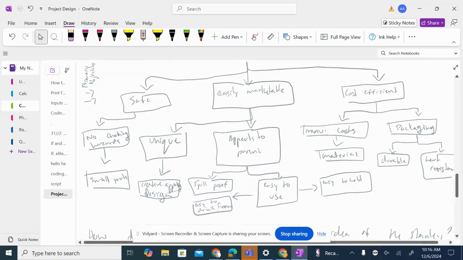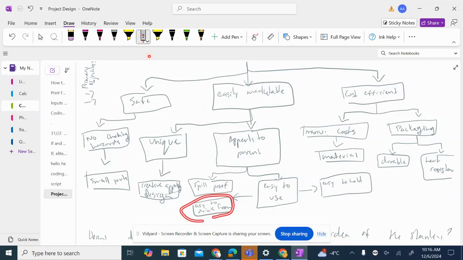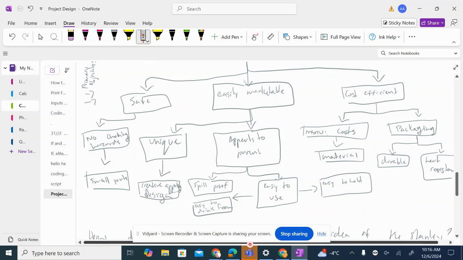Now, what do we do about creative design? What do we do about durable? What do we do about easy to drink from? These are all subjective, right? I might personally like to drink from a straw, somebody else might not. So these are all subjective to your own personal desire.